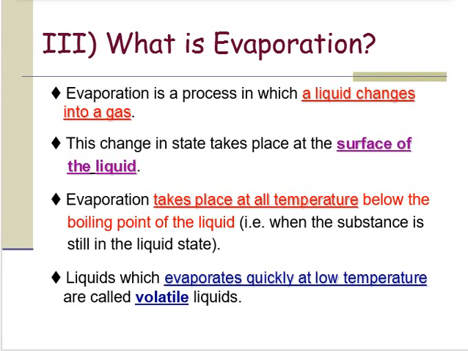So from the graph, we can tell that the boiling point of stearic acid is 361 degrees Celsius. The temperature of the liquid increases until it reaches the boiling point, which is 361 degrees Celsius. After that, your stearic acid will start to boil.